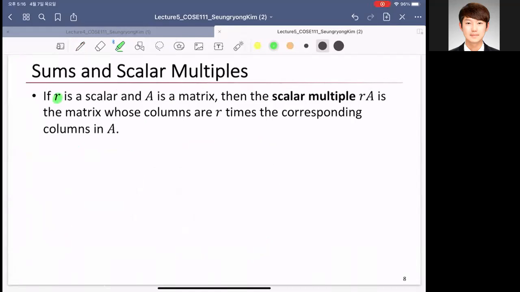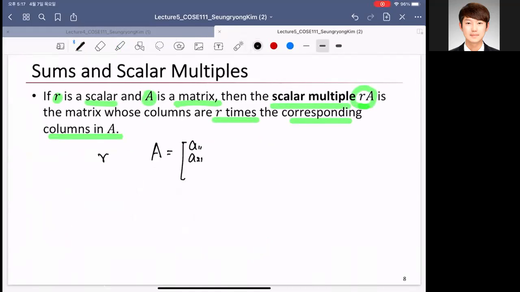If r is a scalar and A is a matrix, then the scalar multiple rA is a matrix whose columns are r times the corresponding columns in matrix A. Here, matrix A is defined like A11, A21, A12, and so on up to Amn.